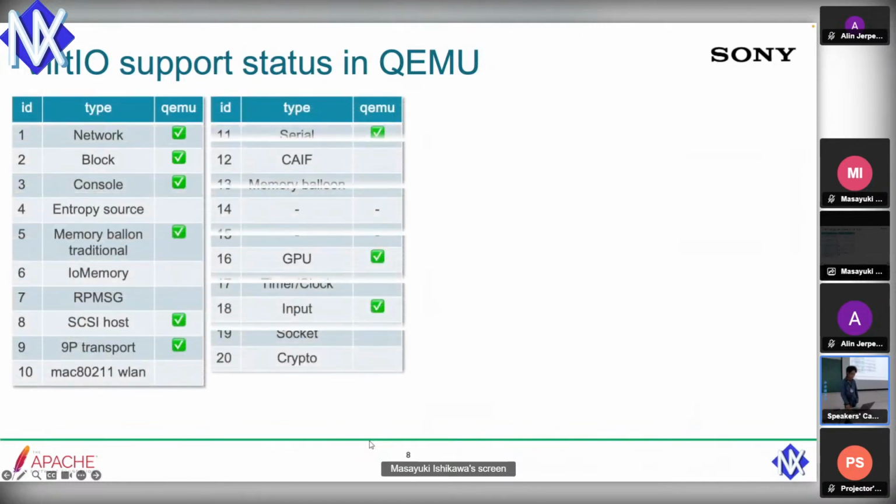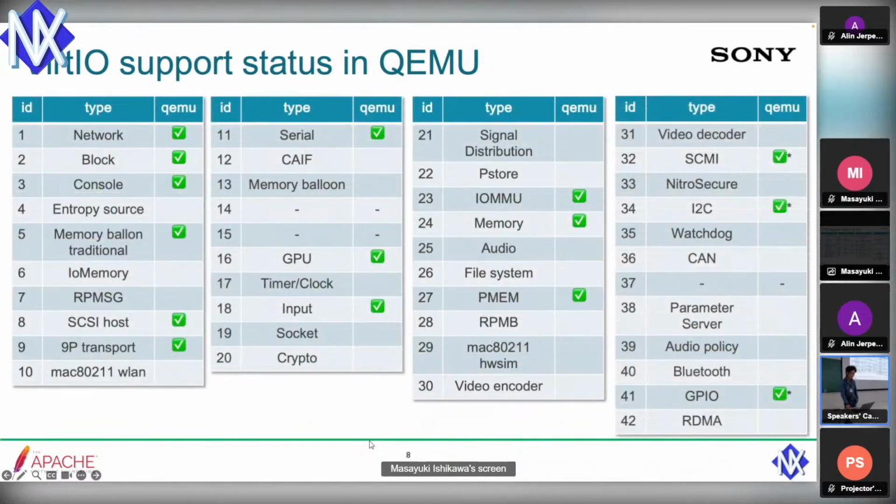In the VirtIO spec 1.2, there are more than 40 device types. However, only some of them are supported in QEMU. For example, network and block devices are supported, but video encoder and video decoder are not supported by QEMU at this time.